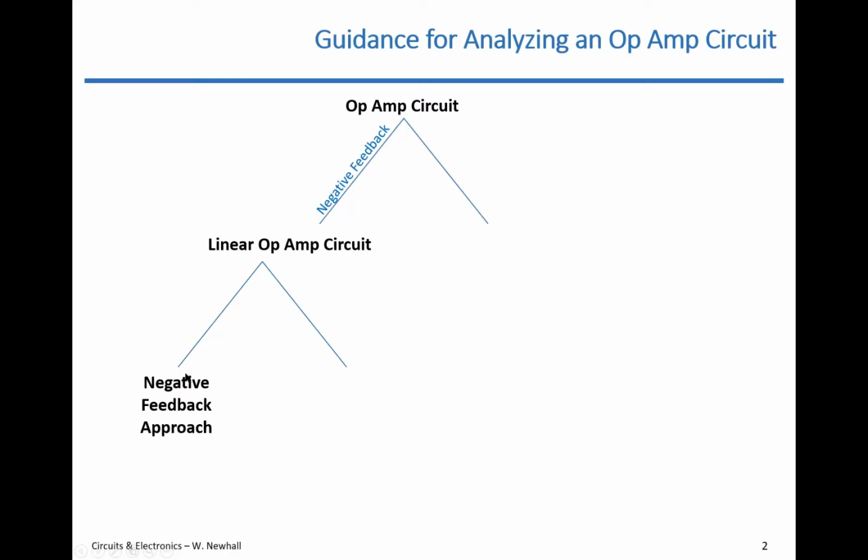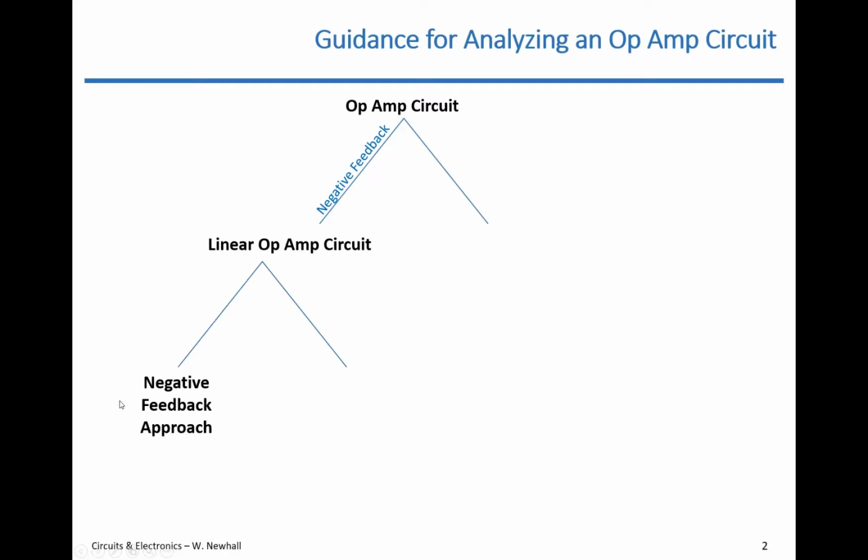You use the negative feedback approach. You assume that the input differential voltage is 0, you assume that the input currents into the op amp inputs are 0, and you use KVL, KCL, Ohm's law, whatever, to find what you're trying to find, a voltage or a gain.